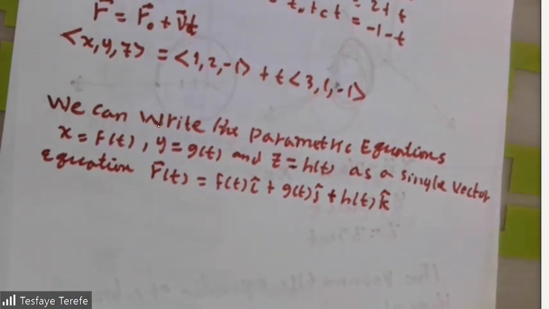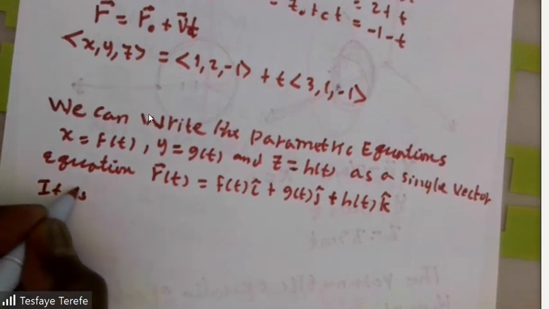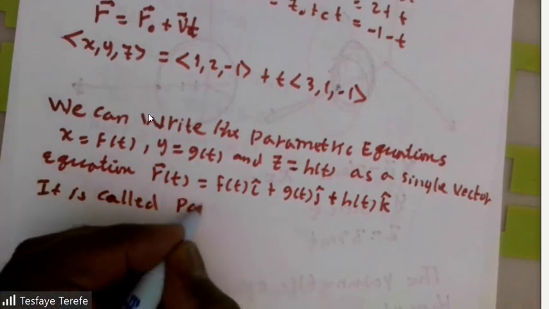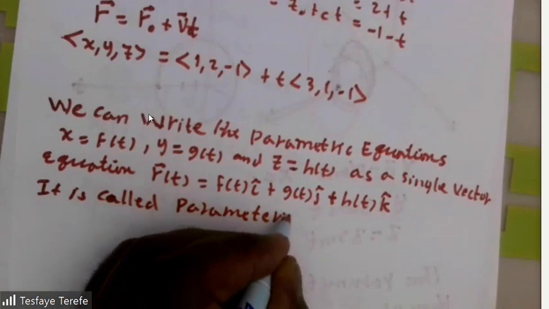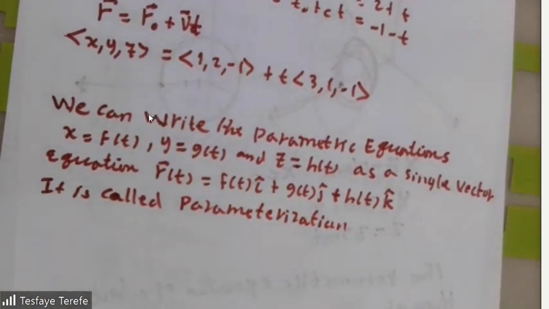What we are doing when we are writing this equation, we call it parameterization. So parameterization is really giving a vector equation for the curve by introducing one single parameter, which is t.